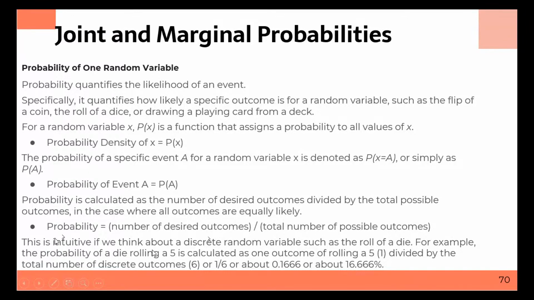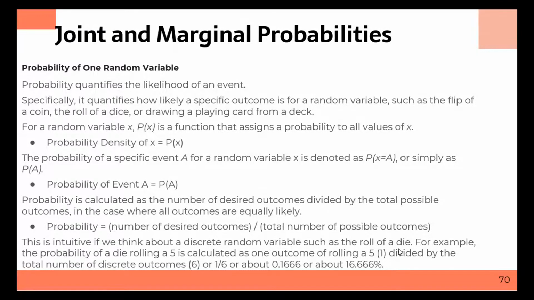This is intuitive if we think about a discrete random variable. Discrete means what? Which is not continuous, which is having a single value. Think about a discrete random variable such as a roll of a die. A roll of a die gives us one value.